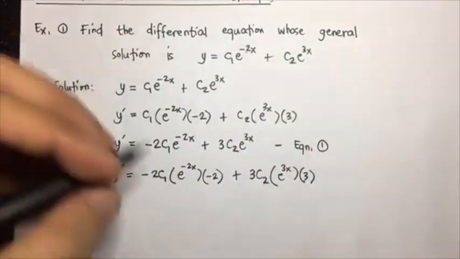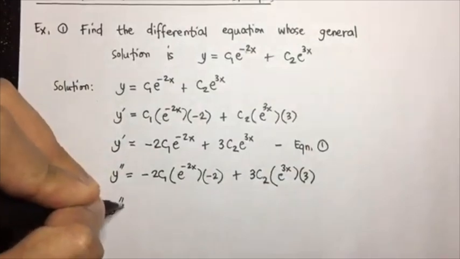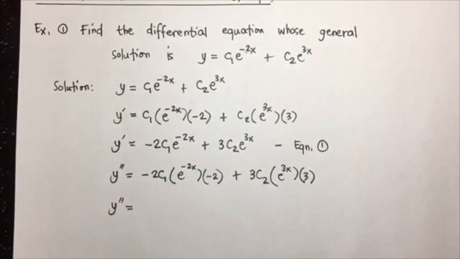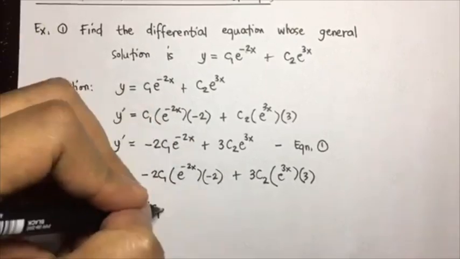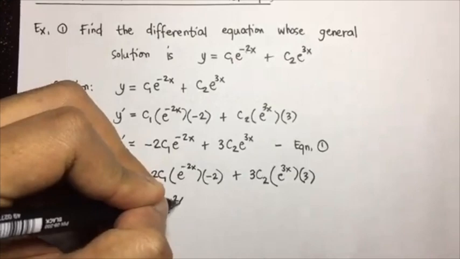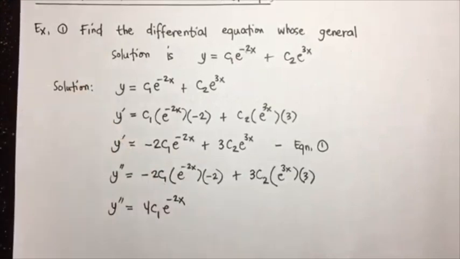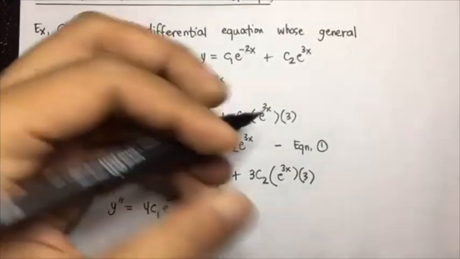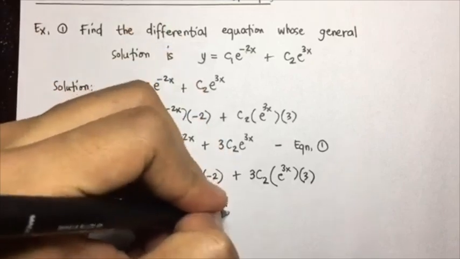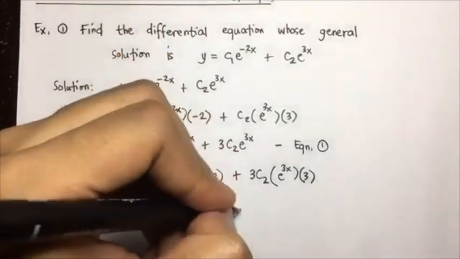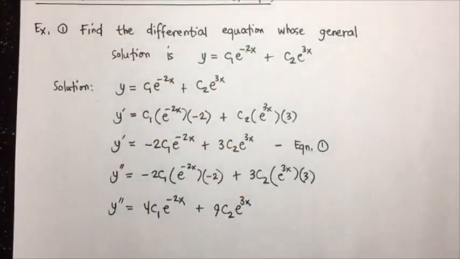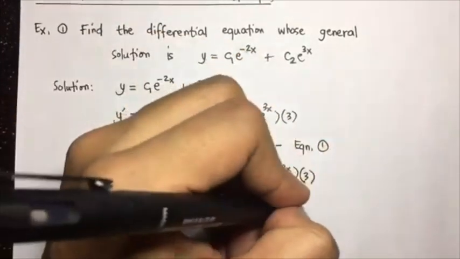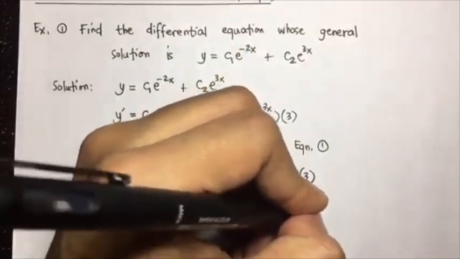Our second derivative, therefore, y double prime is equal to positive 4 C1 e raised to the negative 2x plus 9 C2 e to the power of 3x. Name that as our equation 2.